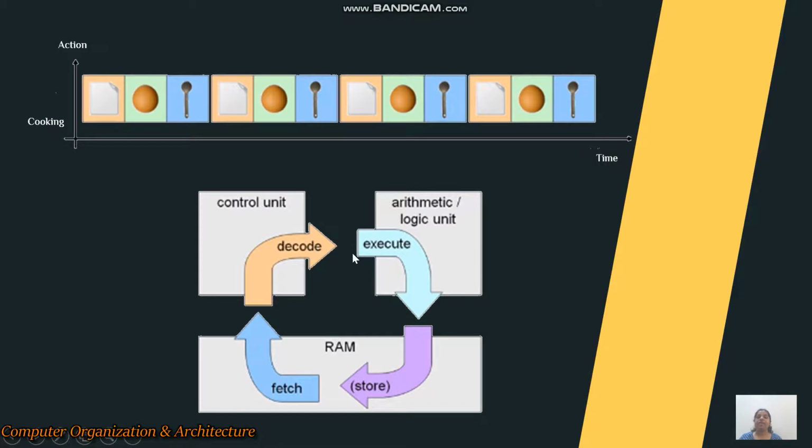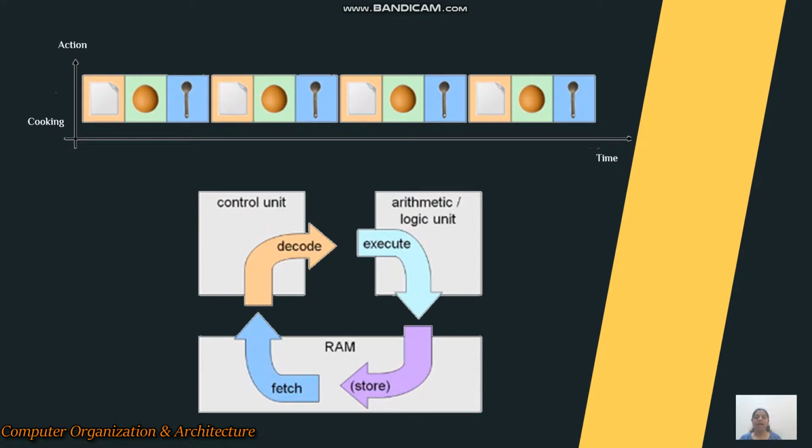Okay, and execution is nothing but you are making it done, so that is related to your arithmetic and logic unit. So this analogy helps us to understand how the fetch, decode and execute cycle is done within the computer.